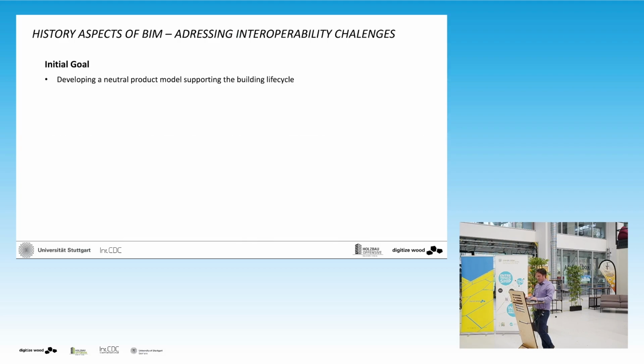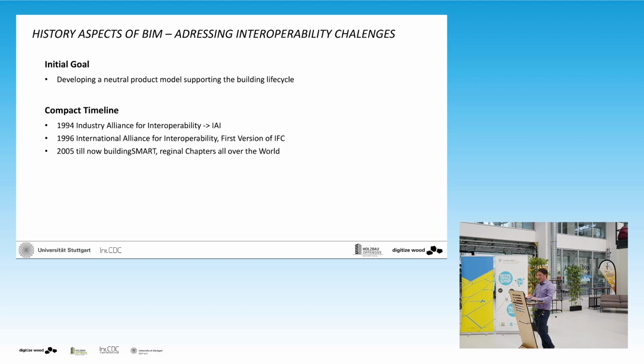And I don't want to give an explanation or definition. If you want to see something, you can go to the internet and you will find enough information there. But I try to start with some of the background. So I think the initial goal was to have a neutral product model supporting the building life cycle.